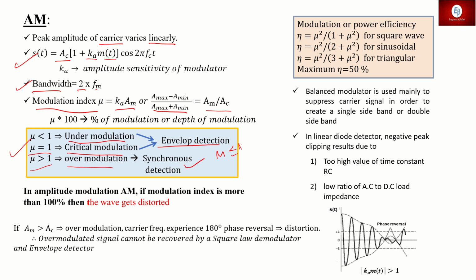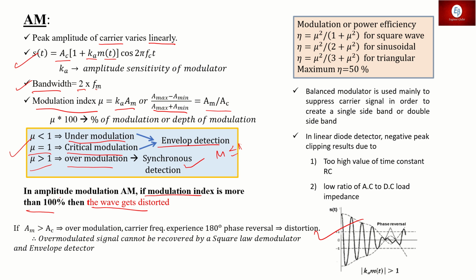In amplitude modulation, generally, if the modulation index is more than 100%, then the wave gets distorted. You can see this from this figure. If μ is greater than 1 and this signal is passed to the envelope detector, then you will get phase reversal.